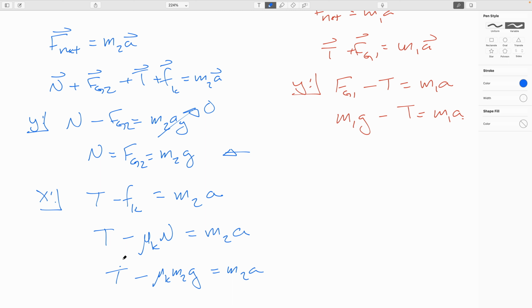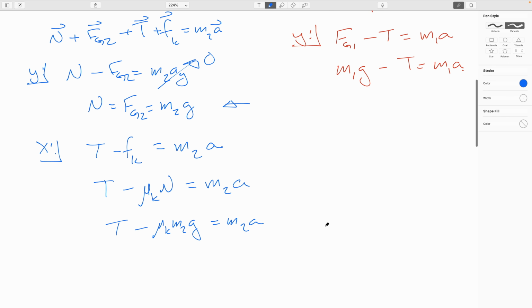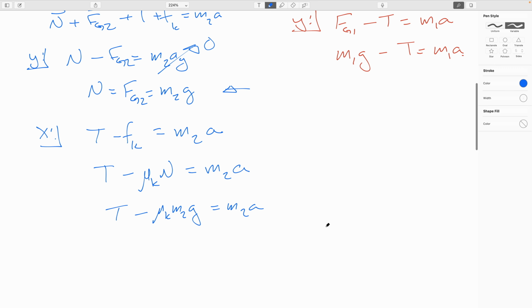So you can do it however you like. In the last a few videos ago, I did this where I added the two equations. This time just to show that the world doesn't end if you do it differently, I will solve this one for T. You could totally add the two equations, and that's how I would probably do it, but just to do something different. I can solve this to get that T is equal to mu k m2g plus m2a.